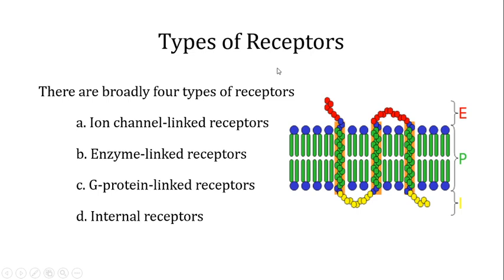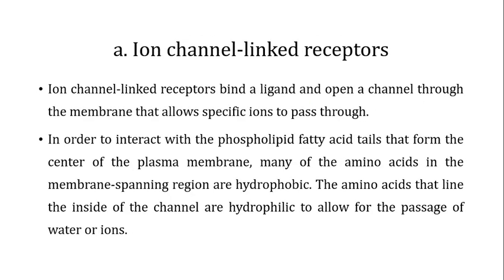I told you that receptors can be classified broadly into four types: the ion channel linked receptors, the enzyme-linked receptors, the G protein-linked receptors, and the internal receptors. We discussed the ion channel linked receptors in the last video, which are responsible for the entry of ions into and out of the cell.